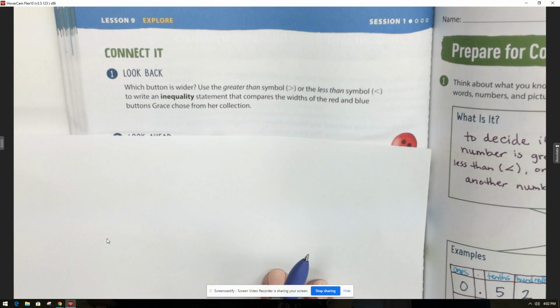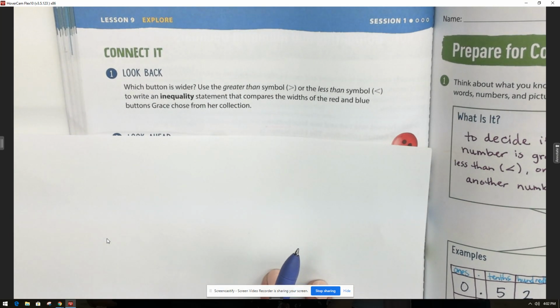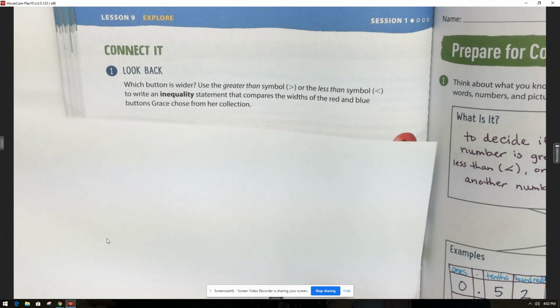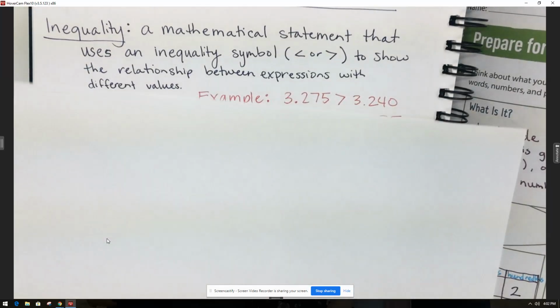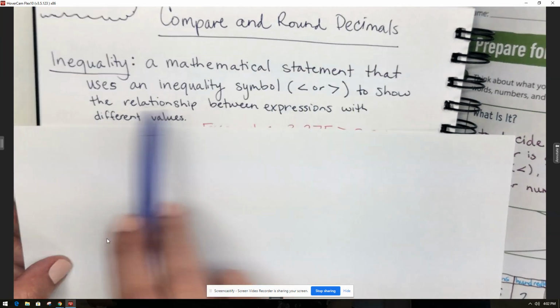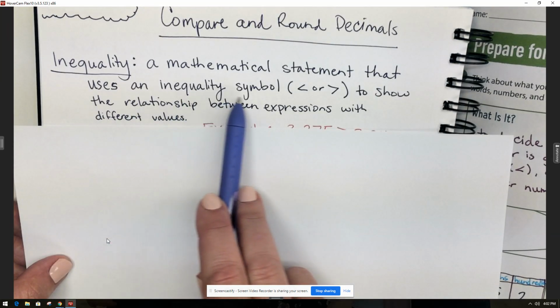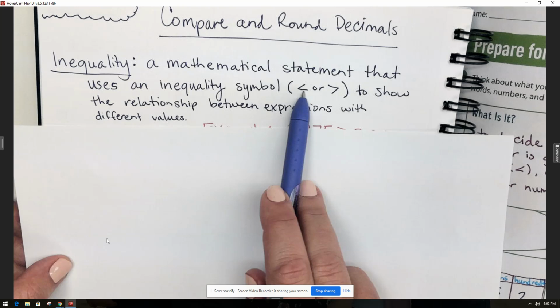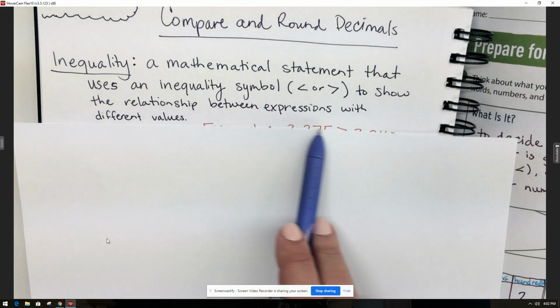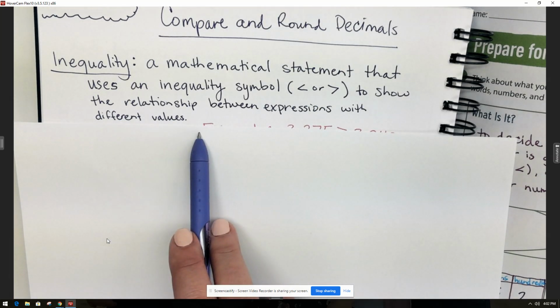I just realized that I didn't go over any of the vocabulary with you, so I want to go over what an inequality is, since I have that right here, and then I'll go over the rest later. So, an inequality is a mathematical statement that uses an inequality symbol, so a less than or a greater than, to show the relationship between expressions with different values.